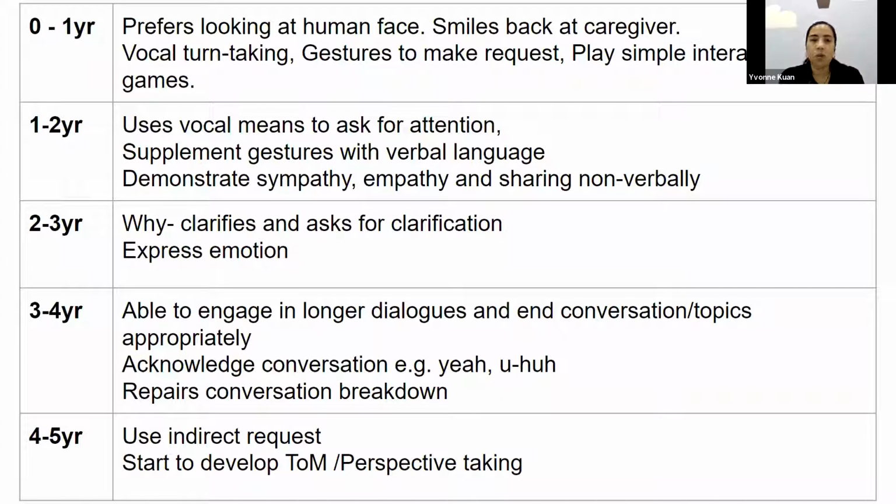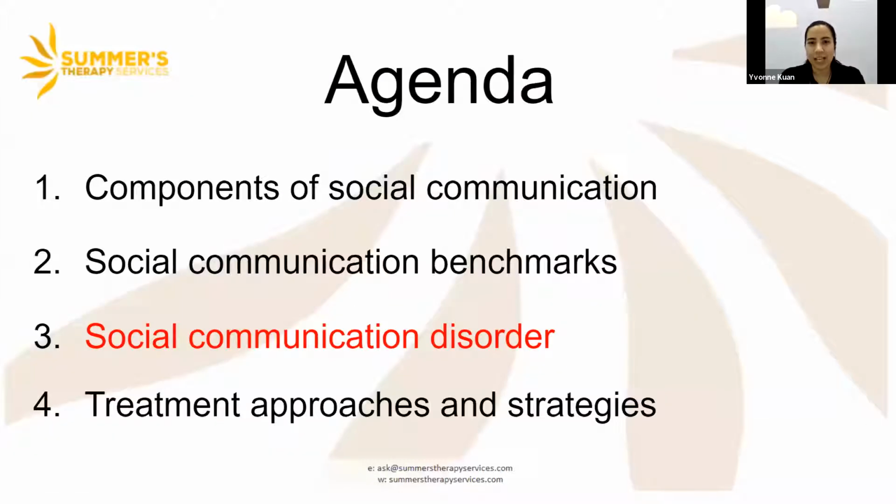I've gotten quite a bit of information from there to put in this table here. So if you're interested, you can check that out, or you can just email us and we can have a more in-depth conversation with you about what your concerns are. But this is just a brief idea of what we are looking at in each age group. And yes, we have social communication skills that we do develop right from birth. Okay, social is happening the moment we are born into this social world.